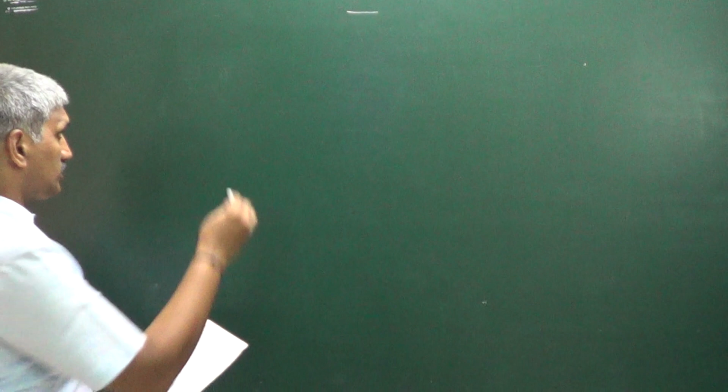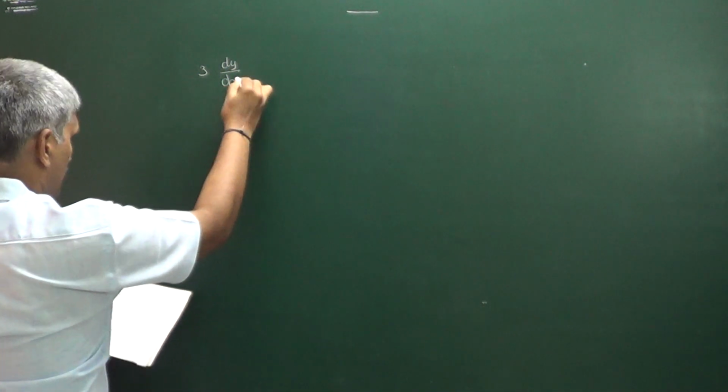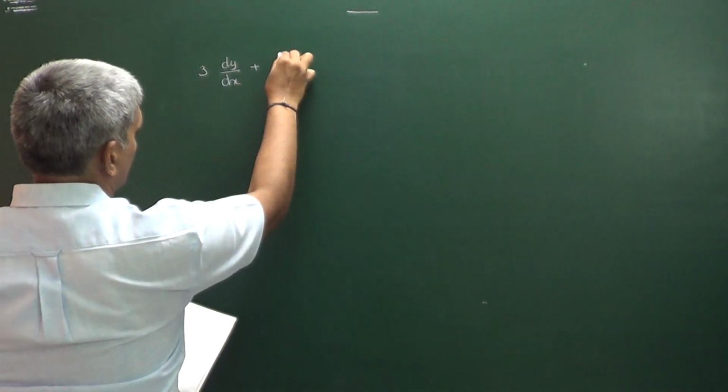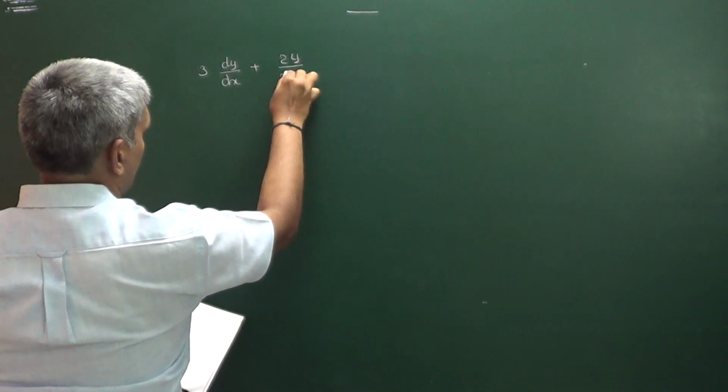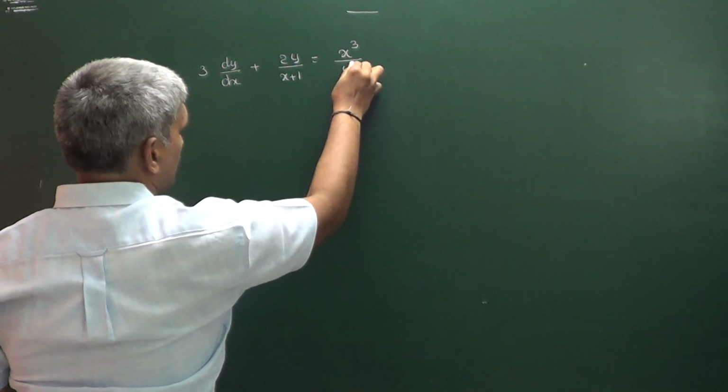Now another question you can see here: 3 times dy by dx plus 2y divided by x plus 1 is equal to x cube divided by y square.